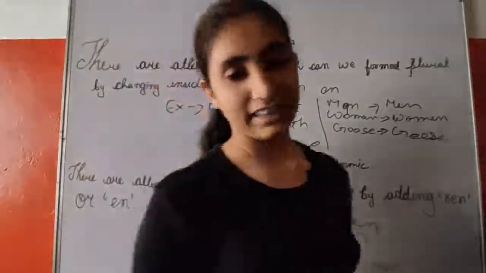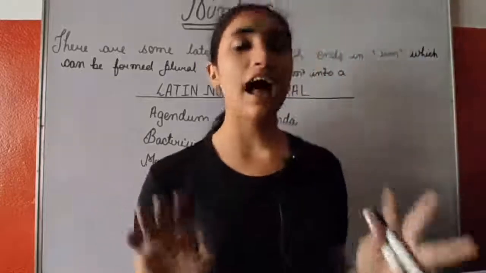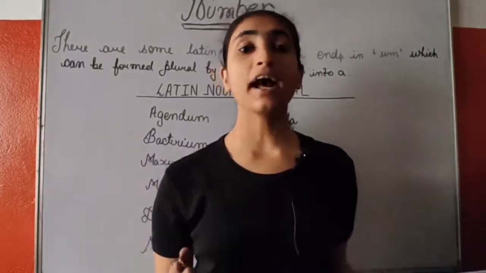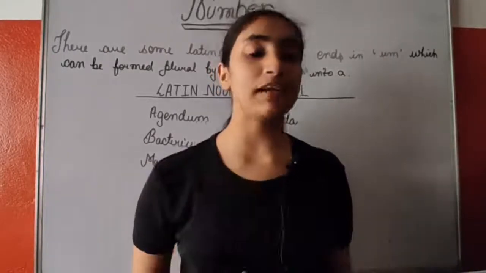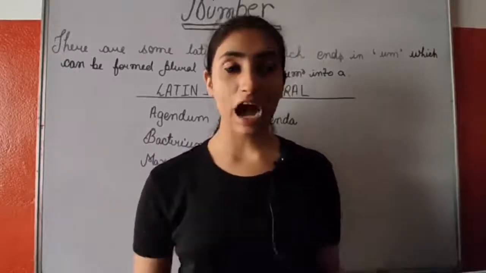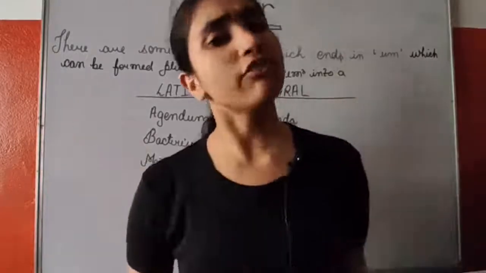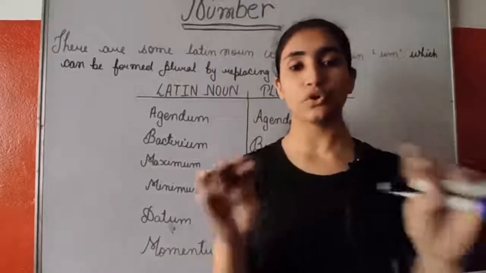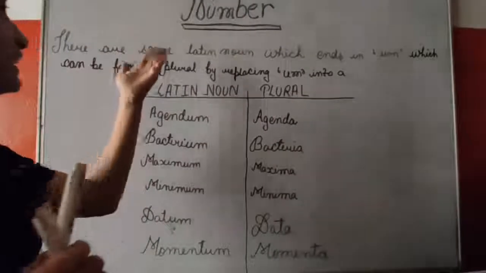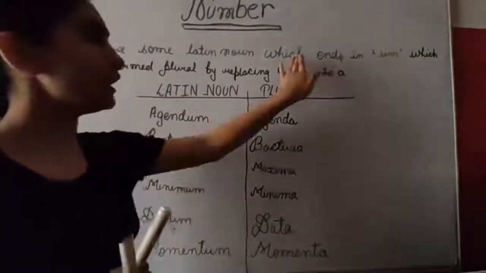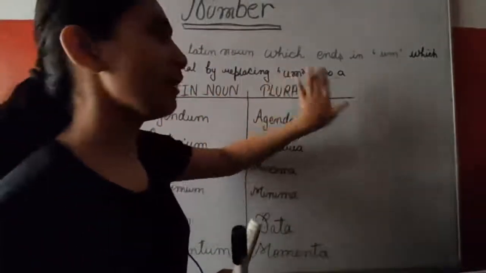Now let's move to our next rule. What does the next rule say? It says that there are some Latin nouns which end in um, and these are formed plural by replacing um with a.